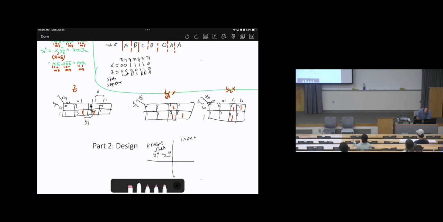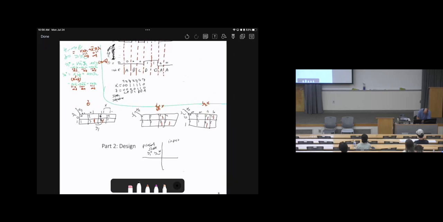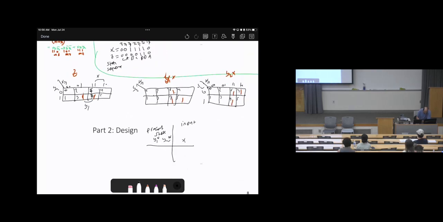Here are inputs. How many inputs do we have? One, which is X. Input X, we have 0, 1. And here are outputs, which are related to the present states. Output Z.